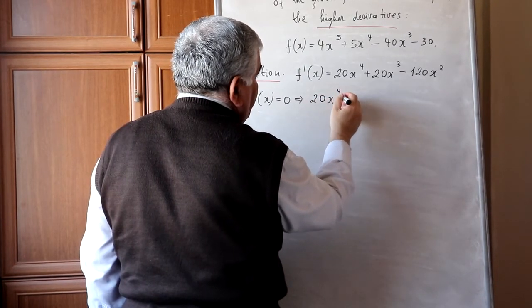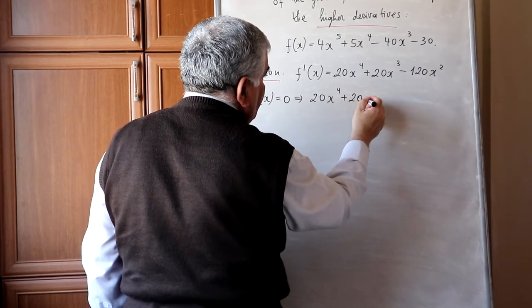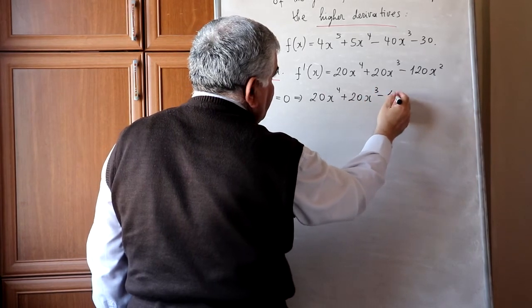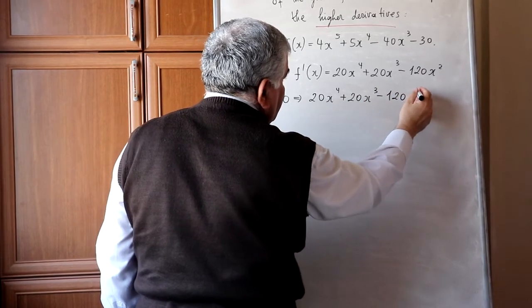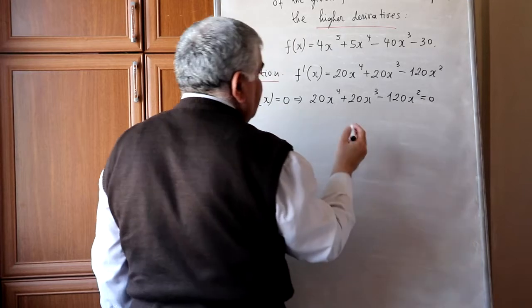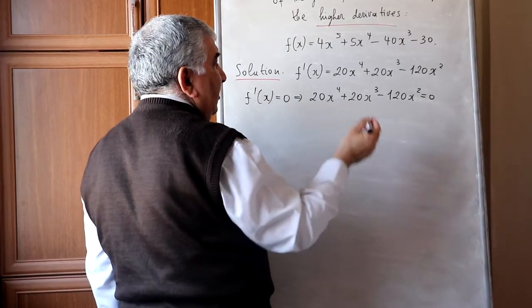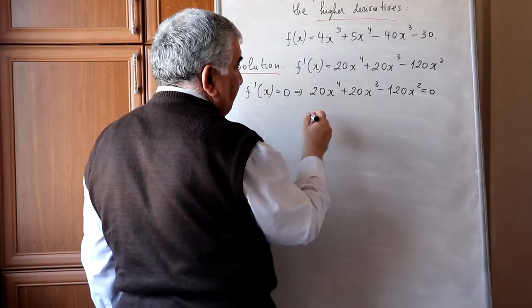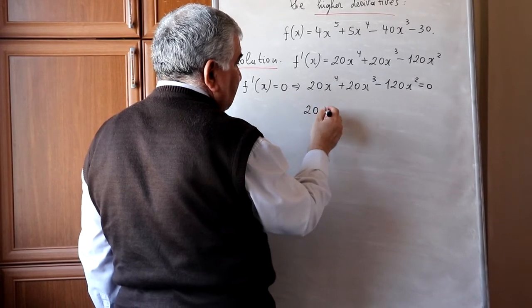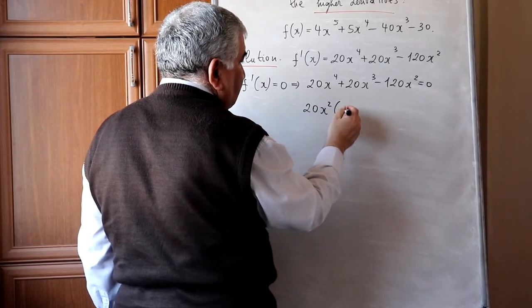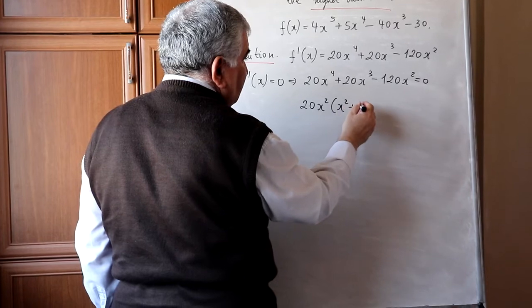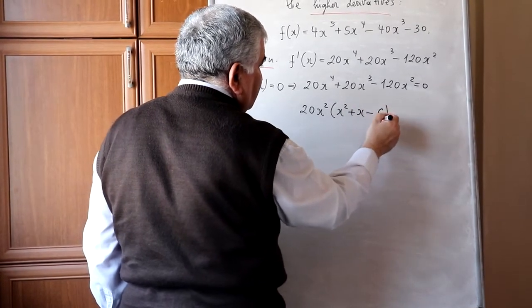Then take 20x squared out of the parentheses, 20x squared multiplied by (x squared plus x minus 6) is 0.